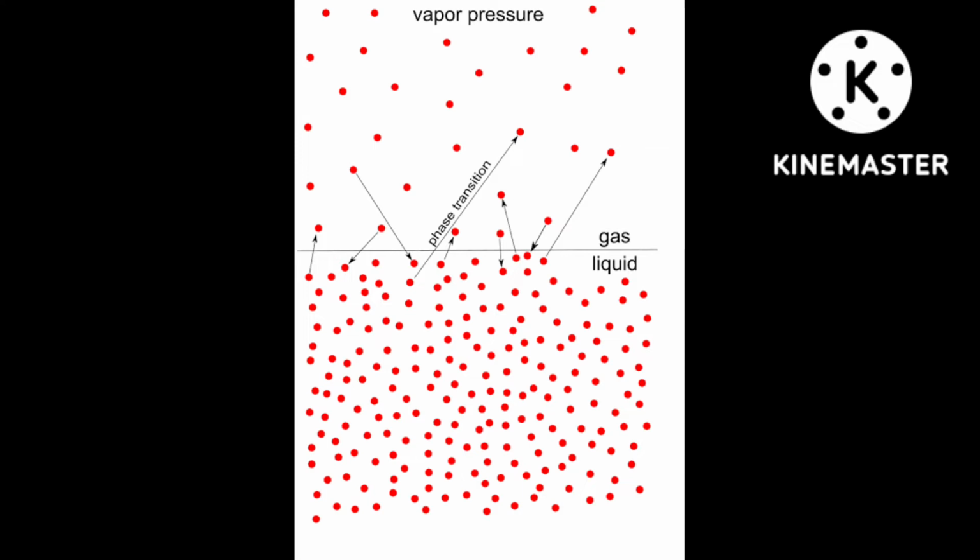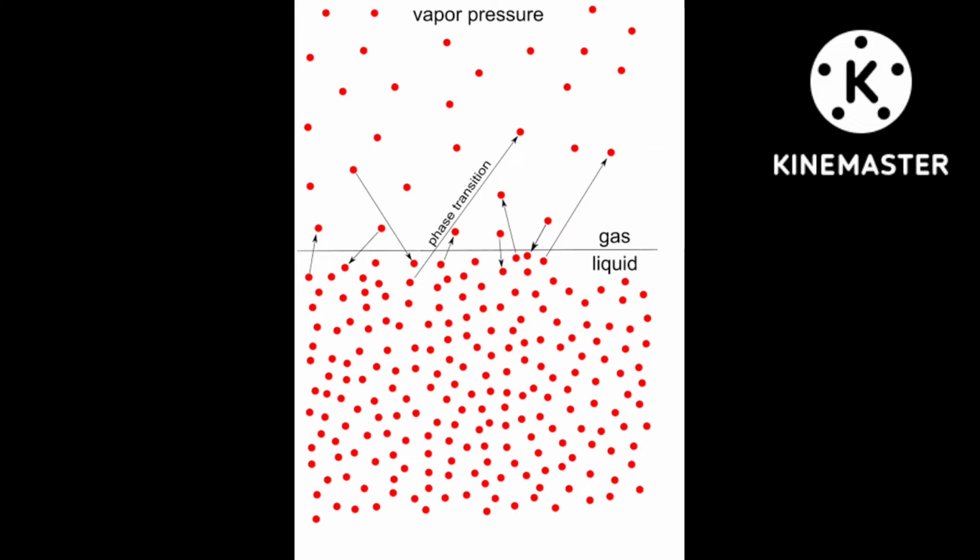The condition of free evaporation throughout the liquid is called boiling. The temperature at which vapor pressure of the liquid is equal to the external pressure is called boiling temperature or boiling point.